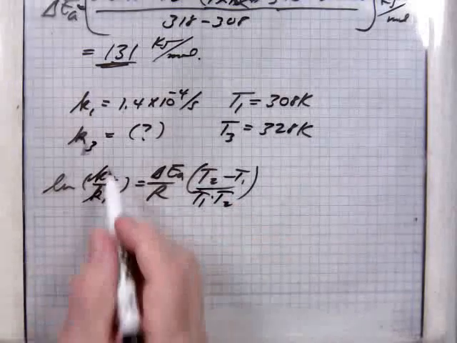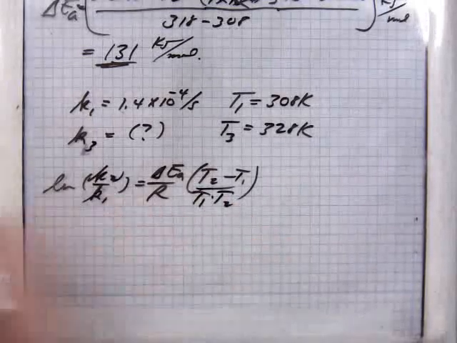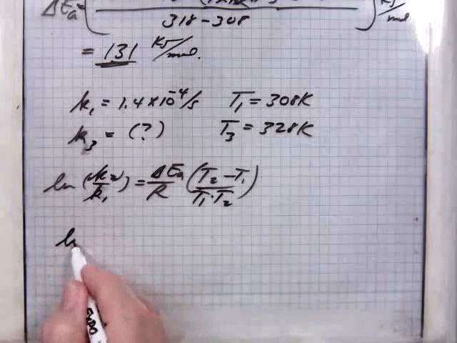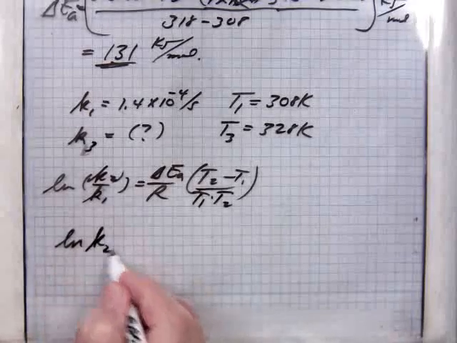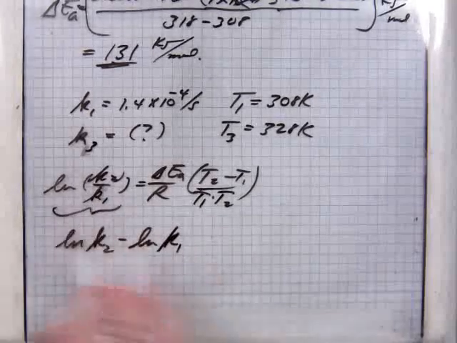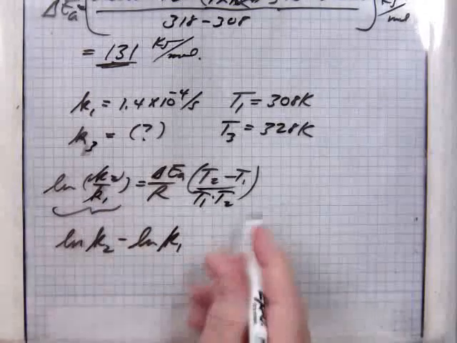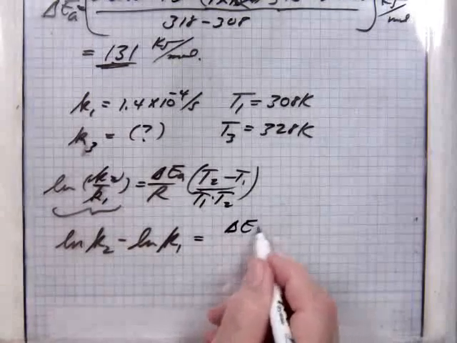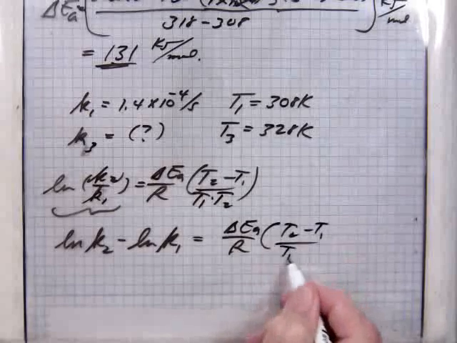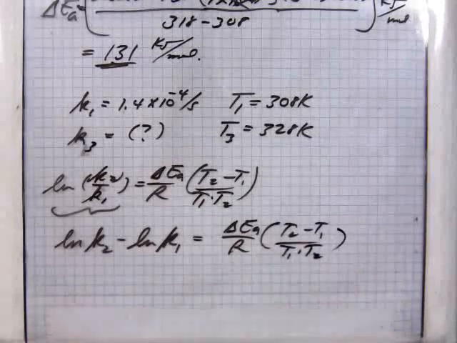And so we're trying to solve for a K2. Well, logarithmic ratios are nothing more than exponential ratios, so we want to take the difference. So that's what this will give you right here, and then it's equal to the delta EA over R, T2 minus T1 over T1 T2, and so on, like that. So no big deal.